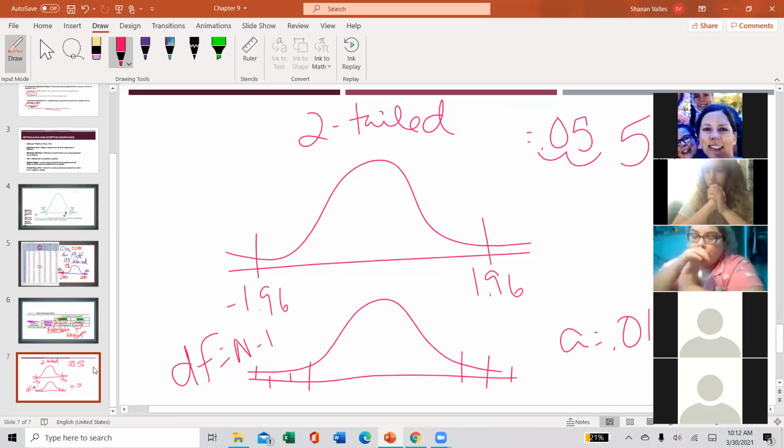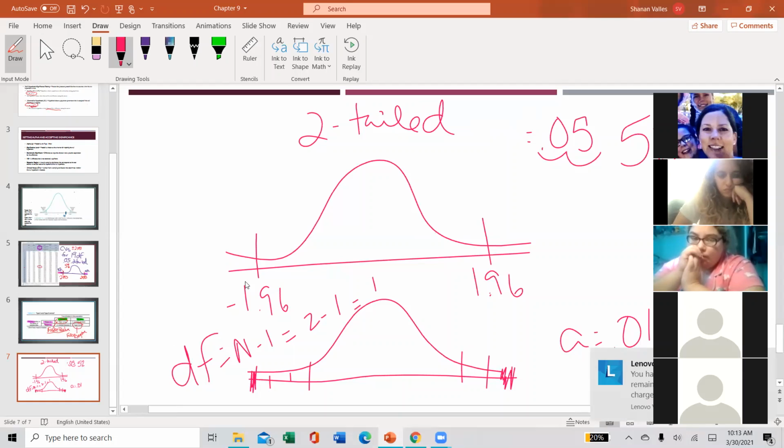He's saying if you have a degrees of freedom of 1, you better have a really big value and you better be way out in the tails, because that extreme 5% becomes more difficult because you only have 2 people in your study.